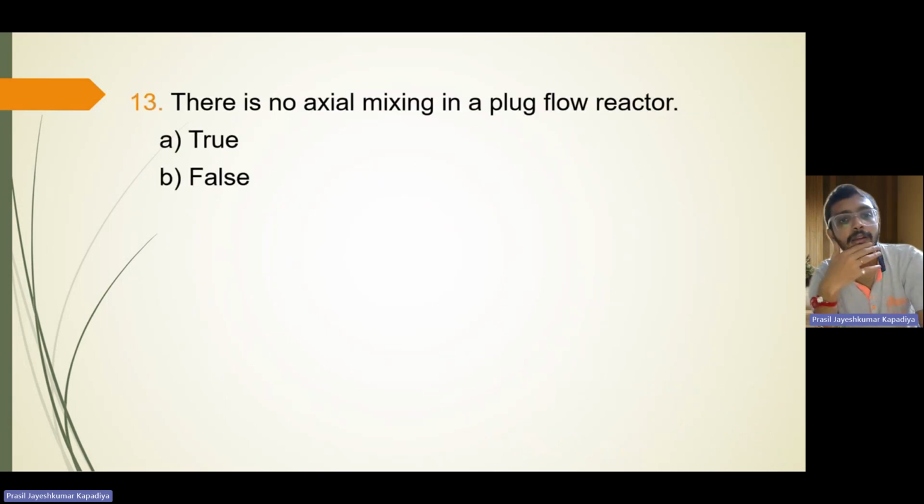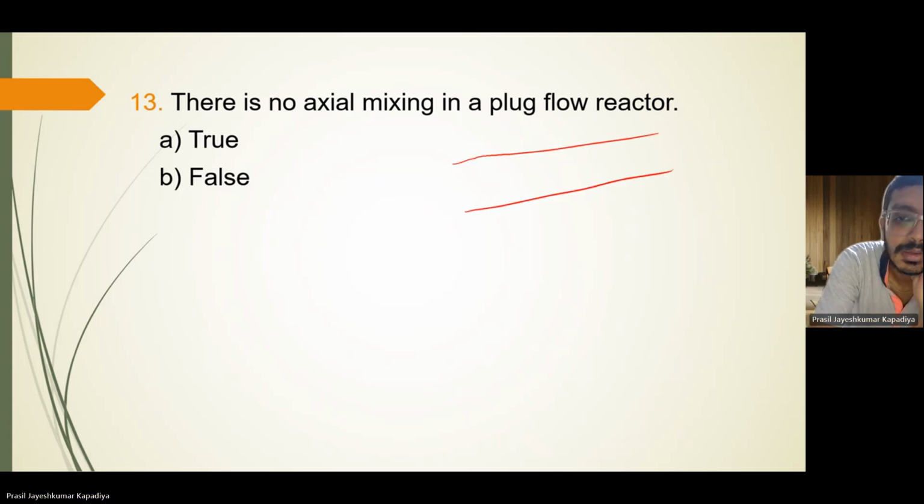Now next question. There is no axial mixing in the plug flow reactor. So this is a plug flow reactor. The fluid is moving like this, so it should not mix axially.